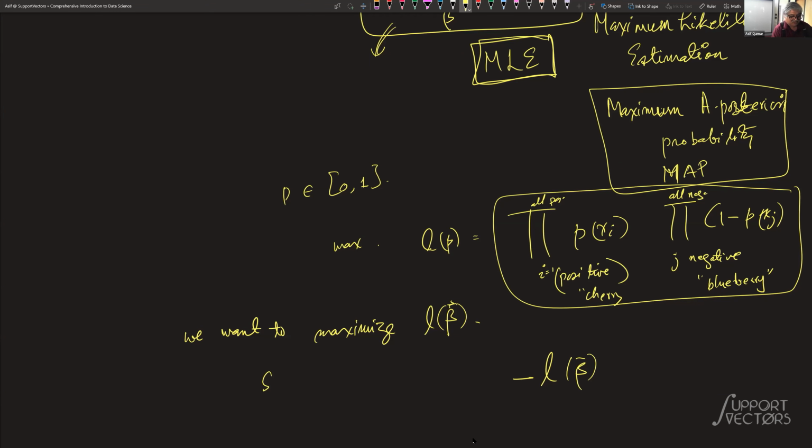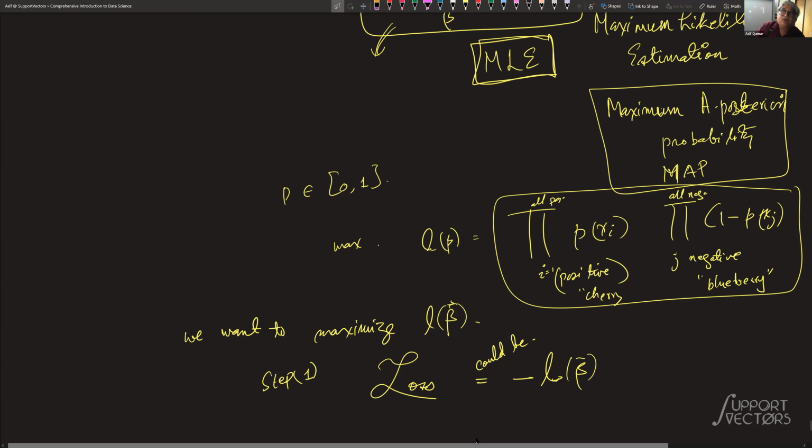That is step one. So suppose you take this as your likelihood function, and now I will write my likelihood loss function. Loss is this, minus log. Now I have a negative, so I can minimize it, isn't it? So that is one step forward.